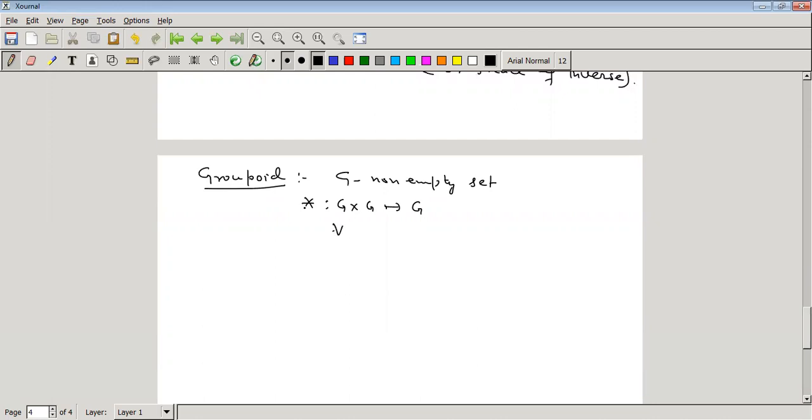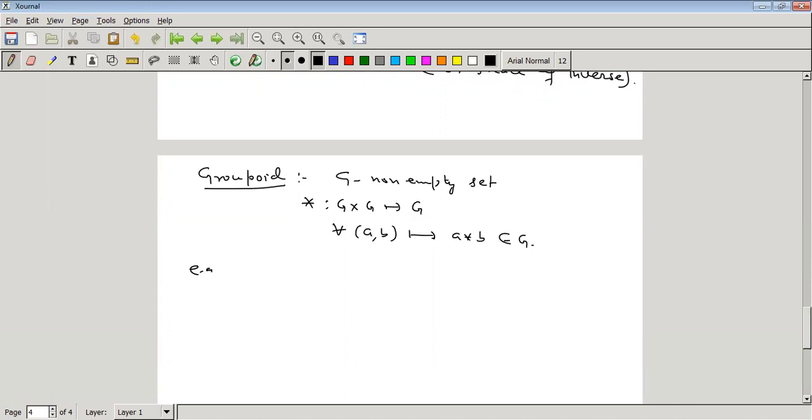It means given any A, B in G cross G, A star B belongs to G. If this belongs to G, then it is called a groupoid. Or we can say, if G satisfies the closure property, then it is a groupoid.